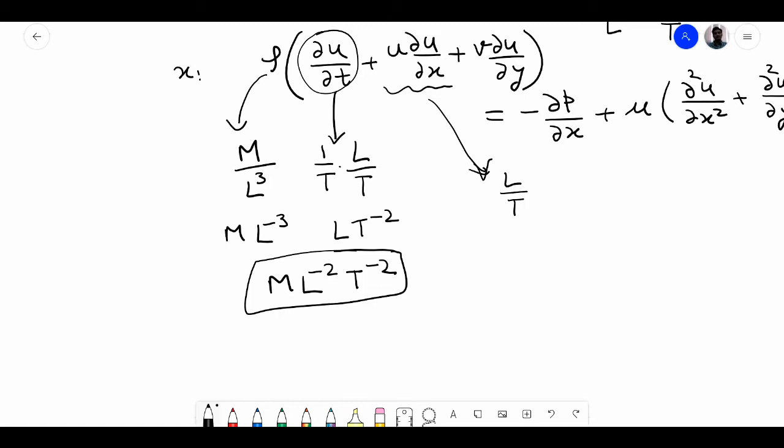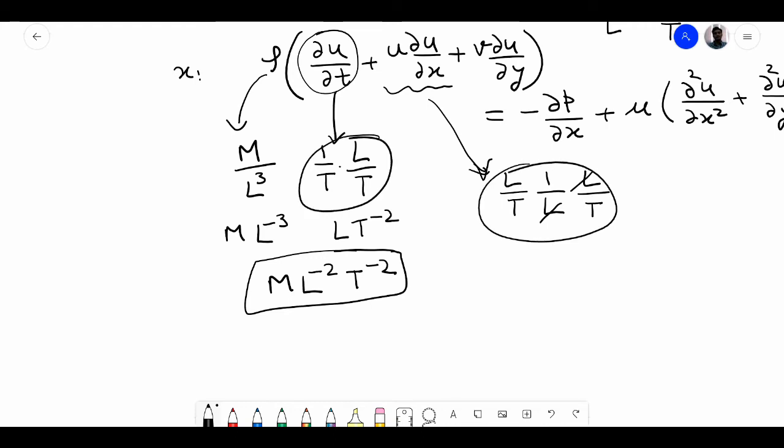What about dou by dou x? That is 1 by length. And what about u? That is L by t. So these two L cancel out. You get L by t square, which is same as this one. So you know that the dimension for rho u dou u by dou x is also m L minus 2 t minus 2.